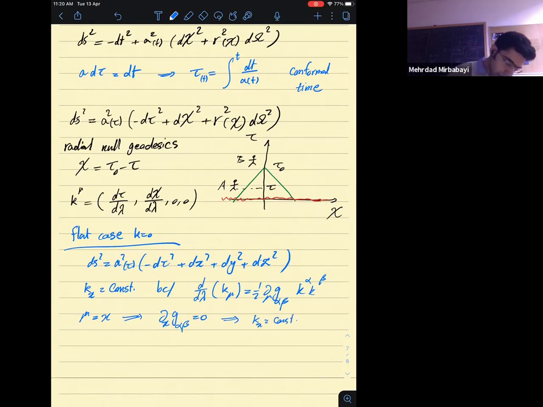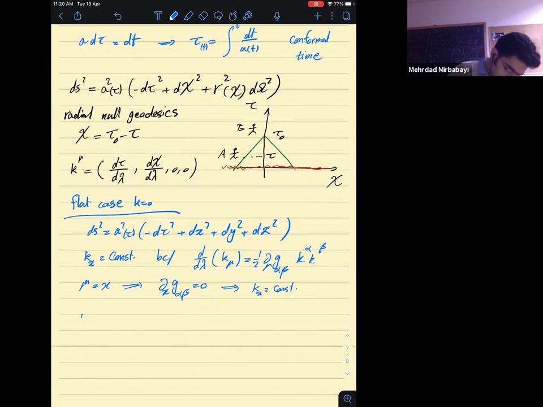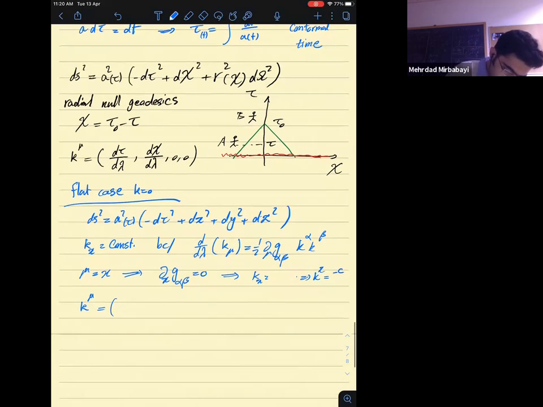So now if kx is constant, then what do we learn? We learn that k mu is equal to, well, now we know that kx with x as an upper component is just that constant. Let's call that constant minus c. I take it to be a negative value because this is a ray along our past light cone.